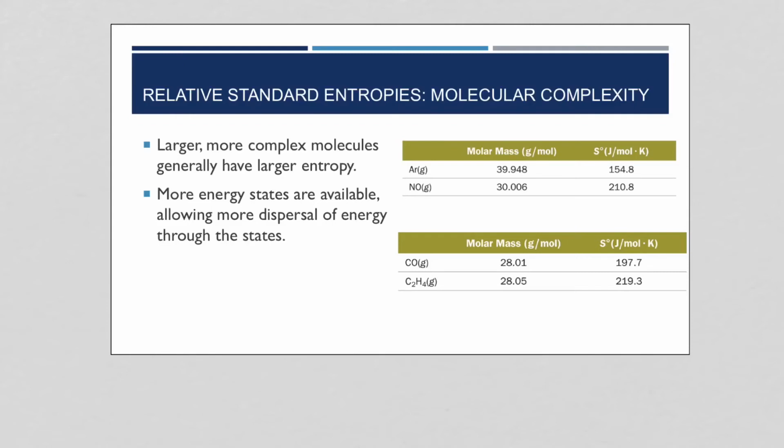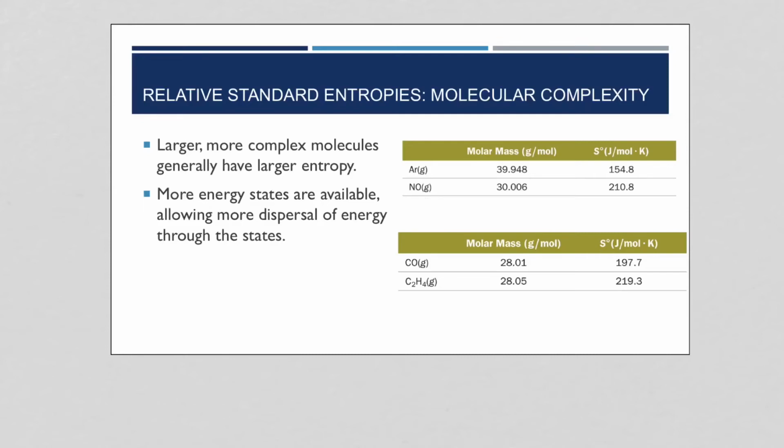potential for disorder. If we look at a second example where we go from something that just has 2 atoms bonded to one another to 6 atoms with multiple bonds, different things bonded to each other, again with similar mass, we see that the more complex material has more entropy. So the basic idea is that the more complex the molecule, the more entropy it has.